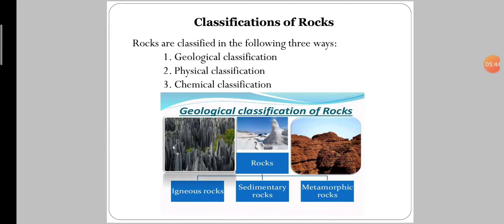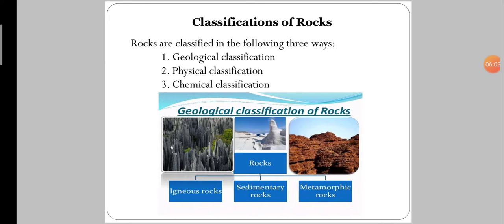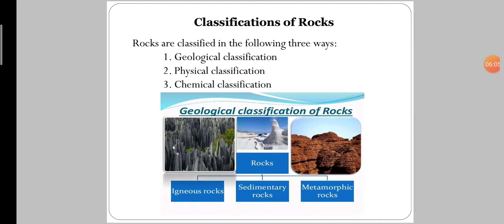Number one, geological. According to this classification, the rocks are again classified into three types: igneous rocks, sedimentary rocks, and metamorphic rocks.